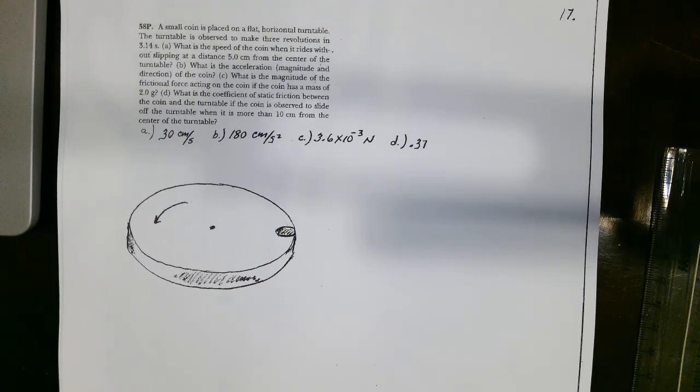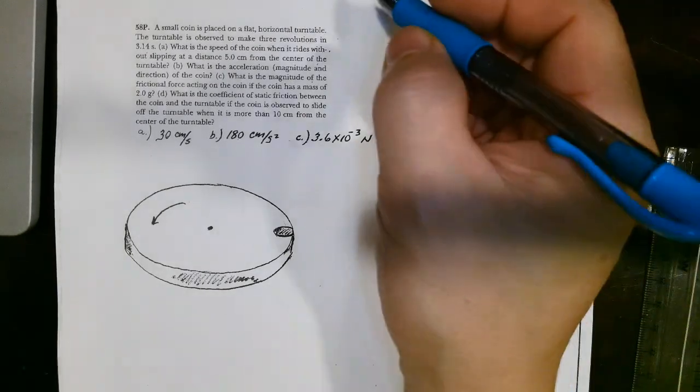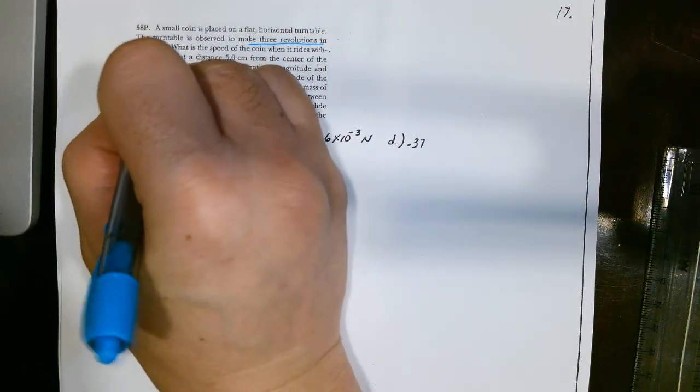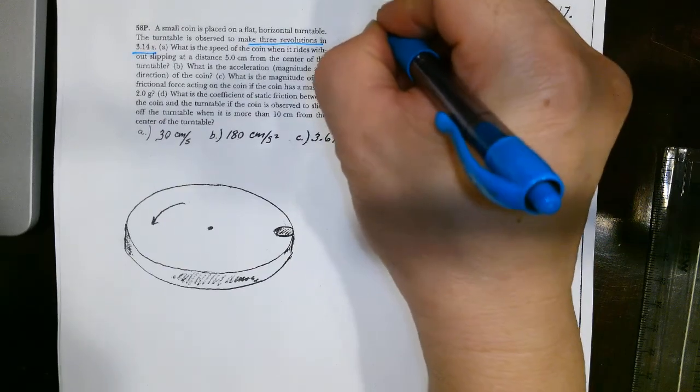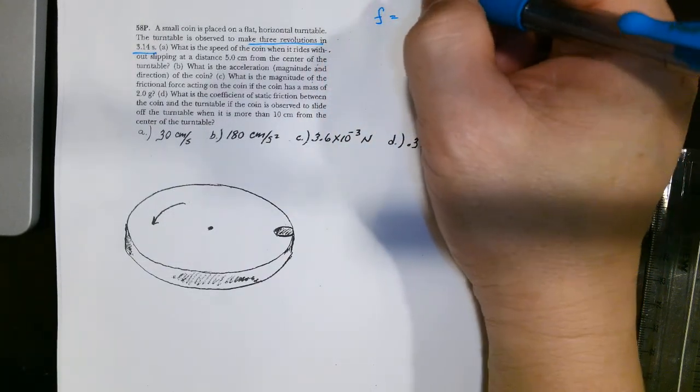Here, a small coin is placed on a flat horizontal turntable. The turntable is observed to make 3 revolutions in 3.14 seconds. Okay, what is that? This 3 revolutions in 3.14 seconds sounds like my frequency. Frequency is revolutions per second.